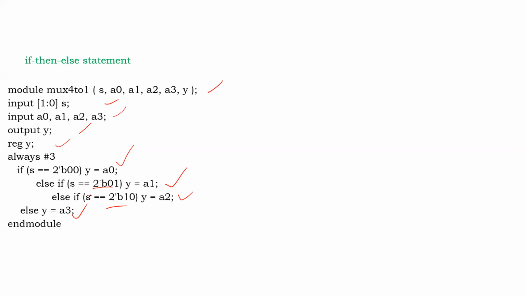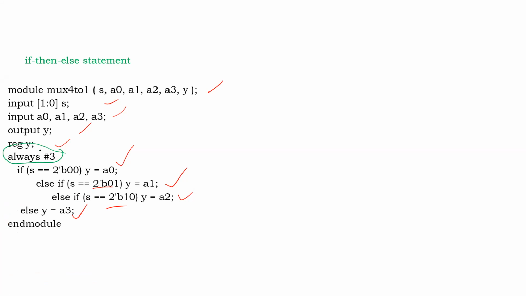Here you need to identify one thing, what I wrote here: always as 3. A delay is introduced here. This is behavioral modeling where the delay is added to the always block. What is the delay here? 3 units of time.